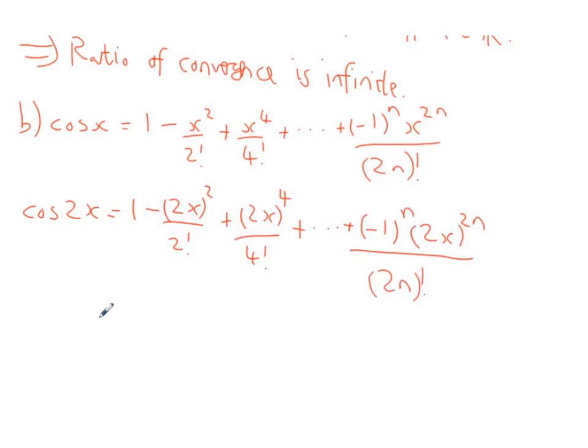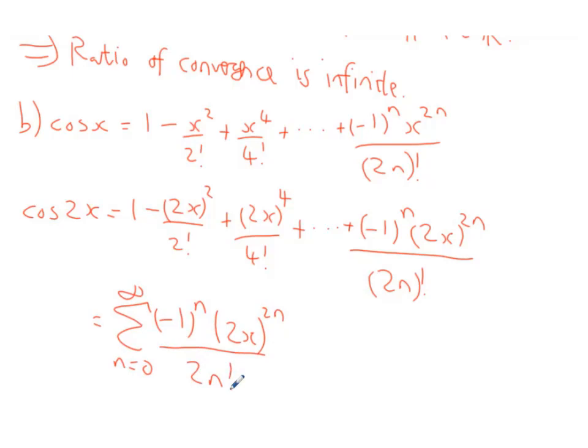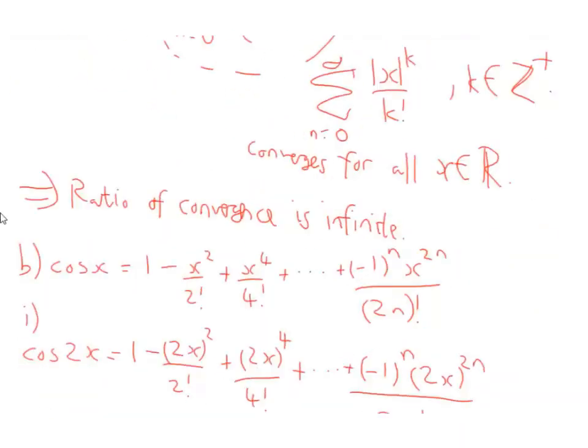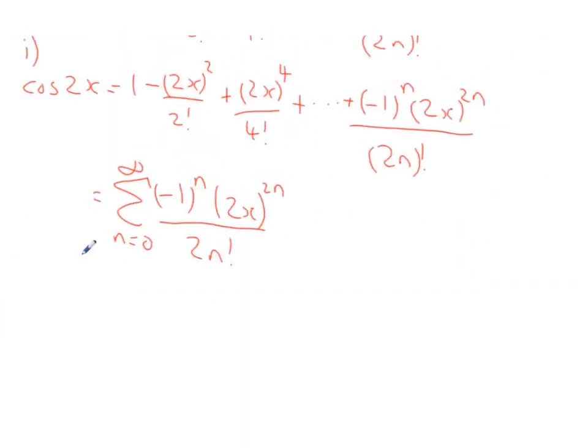So if we write that as a series, that's going to be the sum from n equals 0 to infinity of minus 1 to the power n, 2x to the 2n, all over 2n factorial. So that was B1. Oh, we need to state the radius of convergence. It's not going to be any different for exactly the same reasons. If we did the ratio test on that, it would again equal 0. So radius of convergence is infinite.